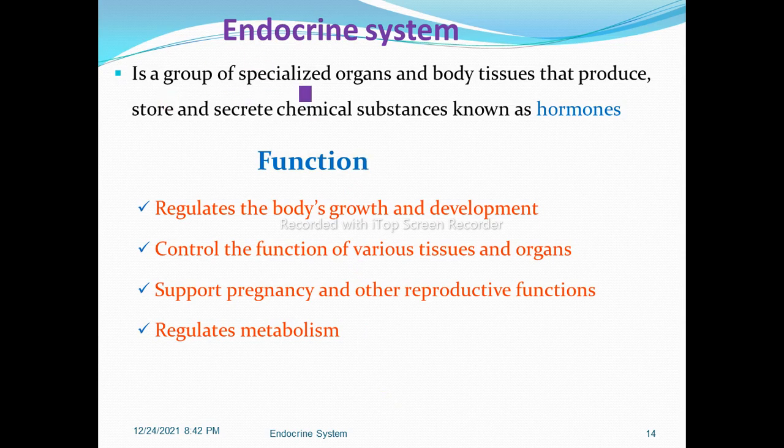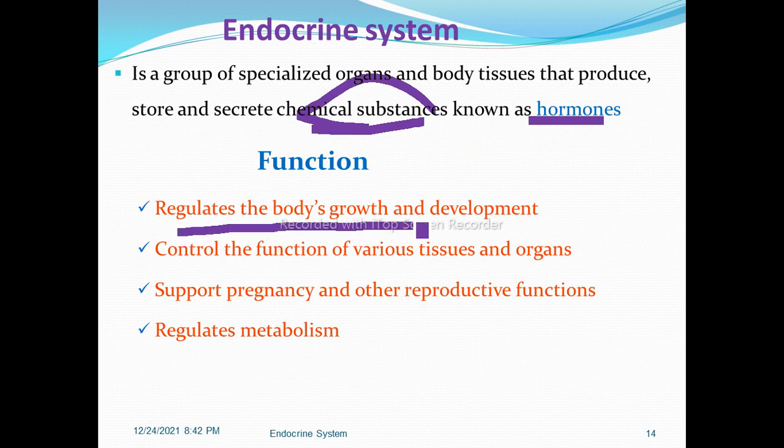The endocrine system is a group of specialized organs and body tissues that produce, store, and secrete chemical substances known as hormones. A chemical messenger which is produced, stored and secreted by the endocrine system is a hormone. The functions of the endocrine system are to regulate body growth and development, control the function of various tissues and organs, support pregnancy and other reproductive functions.